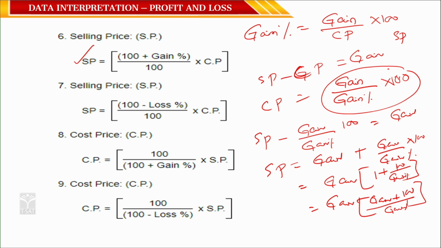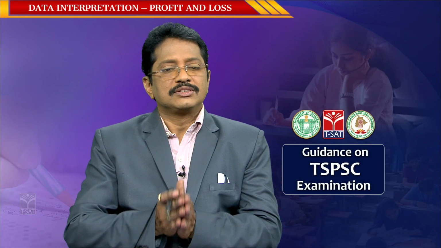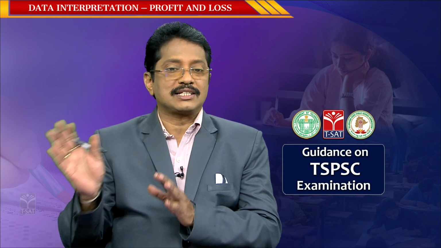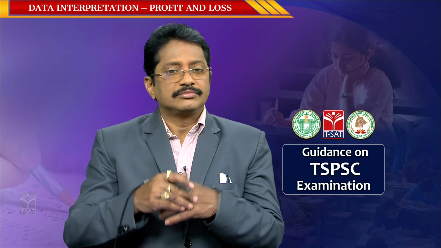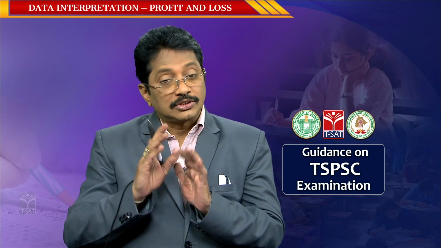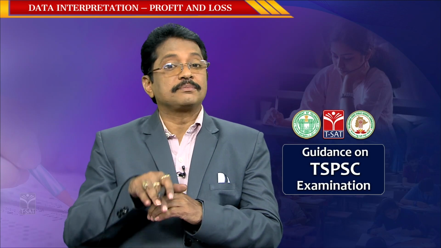If you want to calculate the selling price, then you can use the formula 100 plus gain percent by 100 into cost price. Is it clear? So, no need of performing all these calculations. Once you practice the formulas, then it is very simple. So, selling price equals 100 plus gain percentage by 100 into cost price. For example, if you got loss, so loss percentage, then selling price.